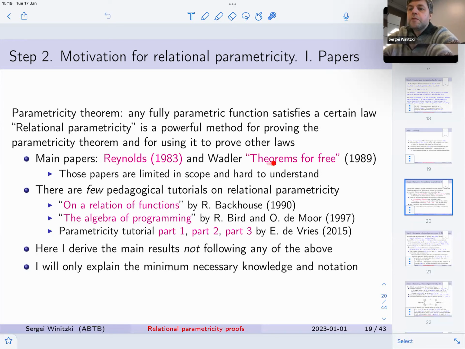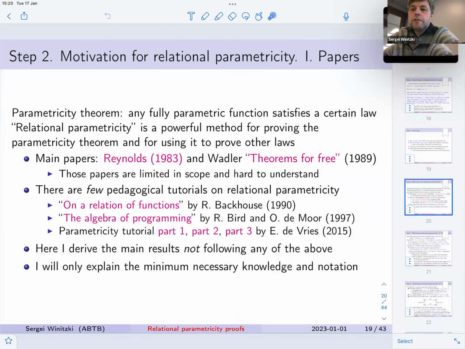Wadler's paper, Theorems for Free, I could understand some part of it, but I could not see any proof of anything that I could make sense of. And also I could not see how I can apply that information to derive other properties. And so I believe it's safe to say that those papers are hard to understand, and they're also limited in scope. For example, they do not talk about what to do with arbitrary type constructors.